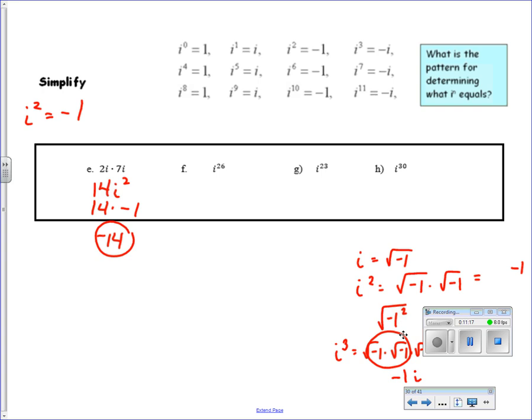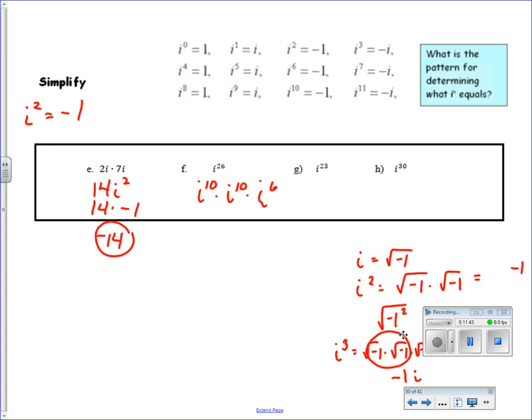So do any of those wonderful things go into 26? We want to come up with 26. So how about we use, would 10 work? What if we had i to the 10th times i to the 10th times i to the what? What do I have left? 6. Because that makes 26, right? 10 plus 10 plus 6.